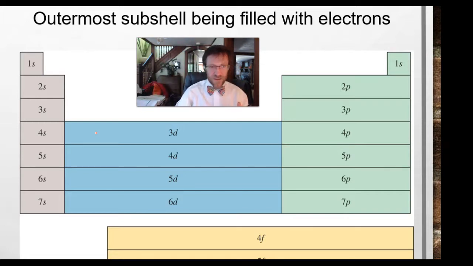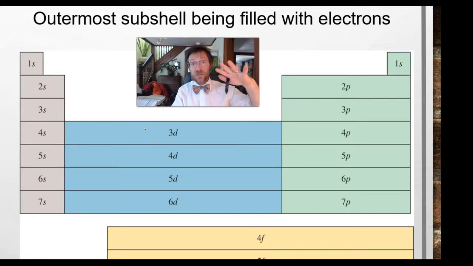You know what I mean? So you go 4s, then when you go to your transition metals here, the principal energy level that you're filling is 1 energy level lower than this side or this side. Do you get it? So it's like 4s, then your 3ds, then your 4ps. Then 5s, 4d, 5p. 6s, 5d, 6p. There's a little bit of a pattern there. It'll be really nice if you have to figure out electron configurations and stuff.